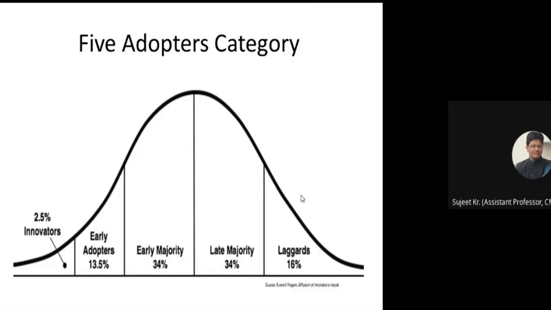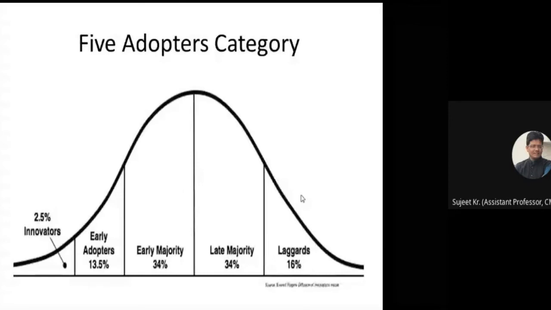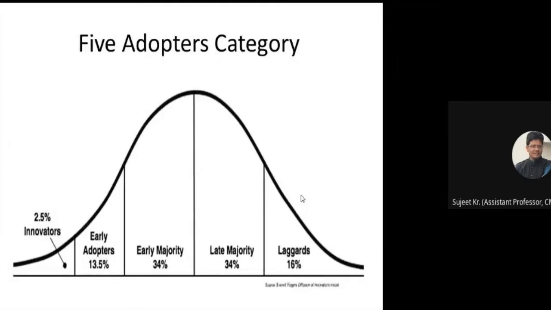Third are the early majority. They have no leadership quality. Basically, they see others, how many people have adopted it, and if they see that some people have adopted it and are using it, they think, okay, we should also use it. So these people are the early majority. They follow early adopters. Then the fourth category is late majority.